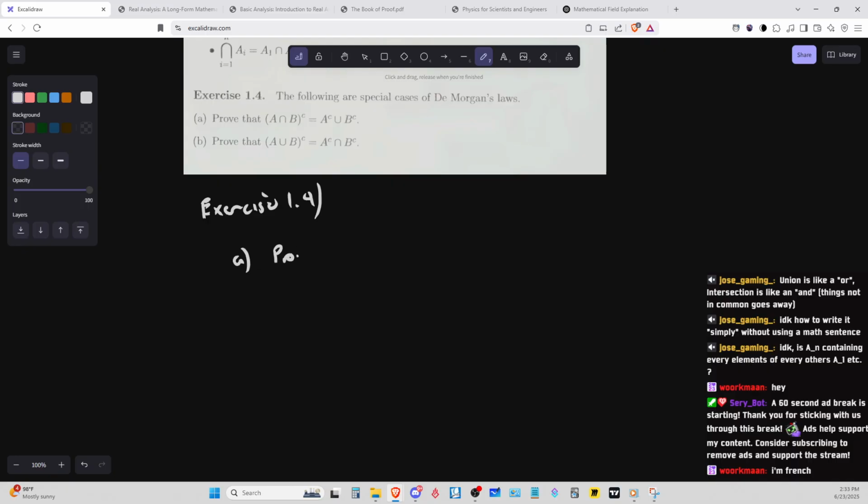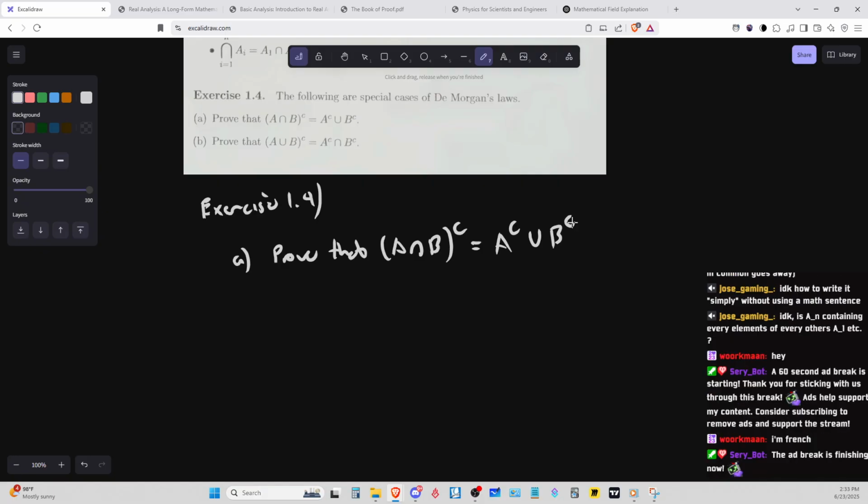Let's see. The following special case is De Morgan's Law. Okay, so prove that... I think I've seen this problem before, but I don't remember how to solve it. Okay, so proof.